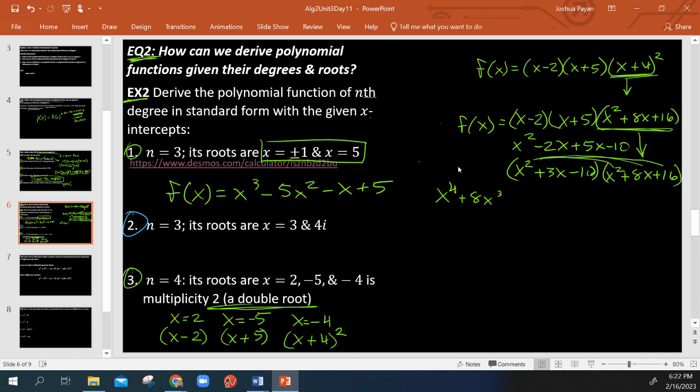And x squared times 16 gives me plus 16x squared. Then 3x times x squared, so plus 3x to the third. That's going to give me 24x squared, and this is going to give me 48x.